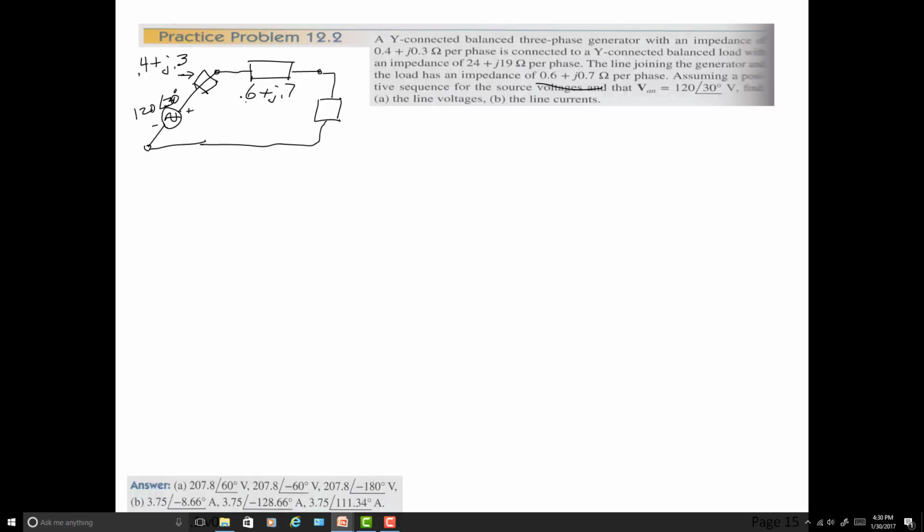Okay, now this is not a friendly looking triangle to me, so I don't know how much hope I've got. The one thing I noticed that I like is 0.6 plus 0.4 is 1, and 0.3 plus 0.7 is 1. So that's looking a little more like a 45 degree right triangle. And our load is 24 plus J19 ohms.